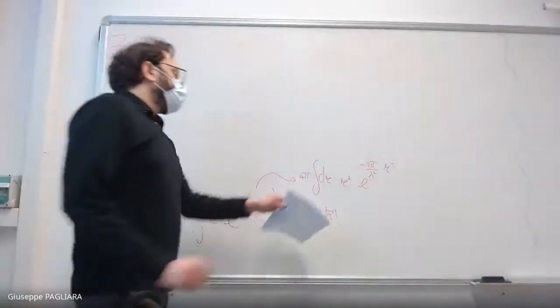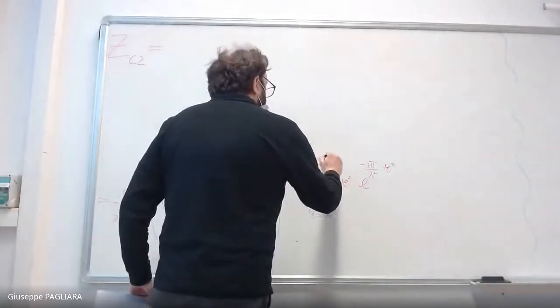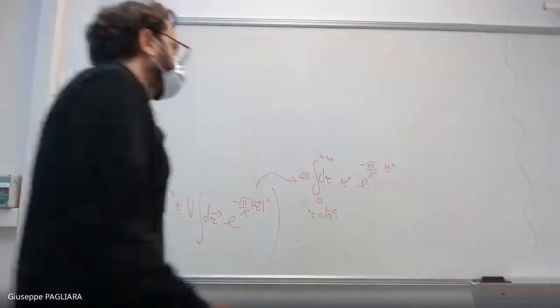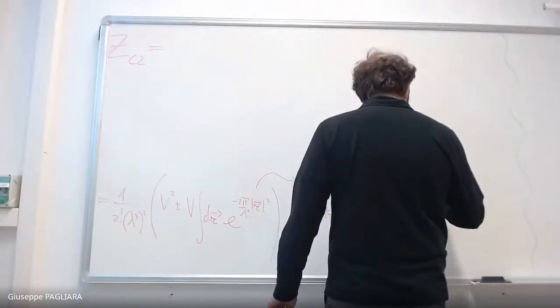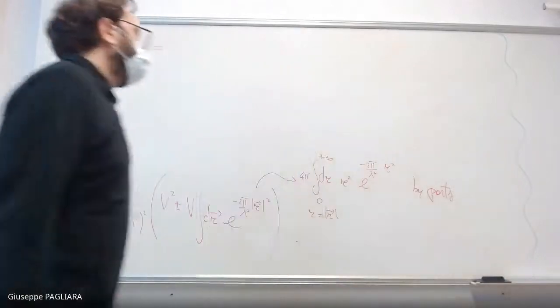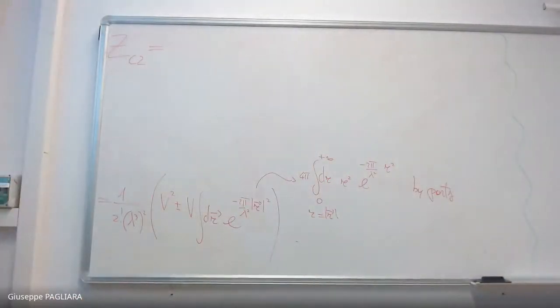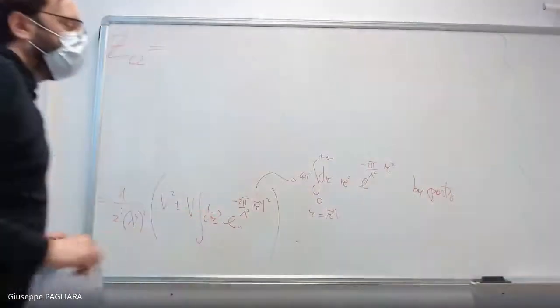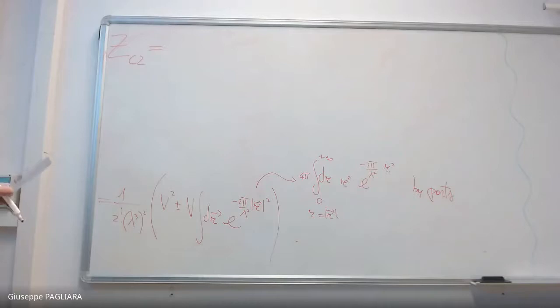Okay, it's not interesting to do this integral, you can do it by parts, no? And I will just write the result. Of course, what is important is that I have this lambda there, which contains temperature inside.